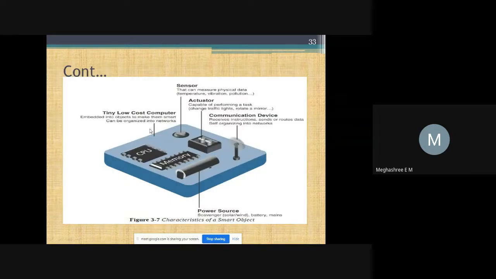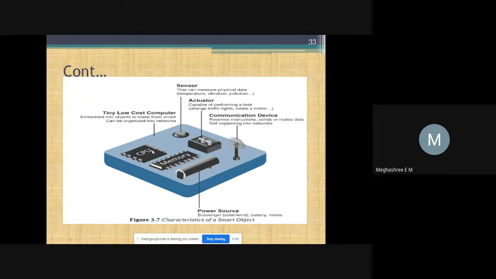The characteristics that I discussed so far are represented in this image. You can see this is the sensor and this is the actuator, and there is a communication device as well, and a power source as well. The processing unit is also present here. This low-cost computer, the CPU, helps in processing, right?